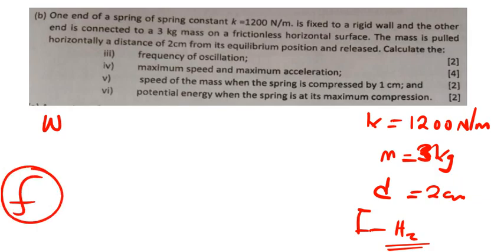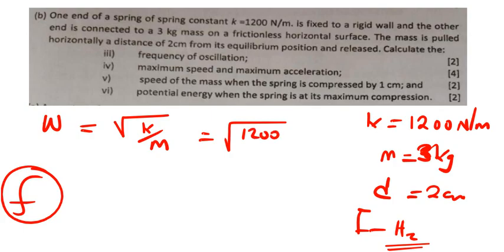So what are we now going to do? The way we find the angular frequency is the square root of K over the mass that you have. So I'm going to have the square root of the spring constant, 1200 Newton per meter, over 3 kg.